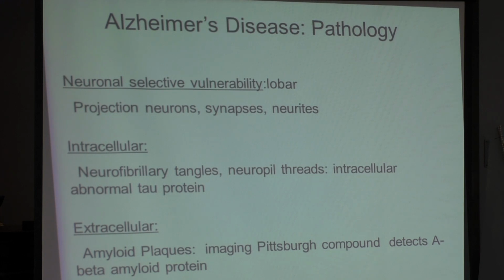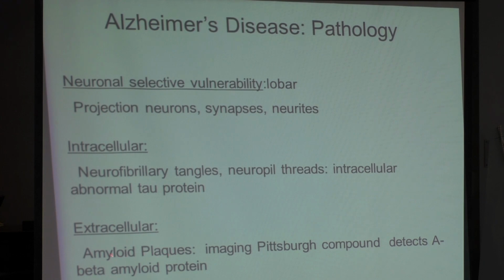That's one area where we can use those markers to make our diagnosis, using antibodies or other tools to look at these nerve cells and say that's what we see in Alzheimer's, those changes, and I'll show you those. And this is intracellular.